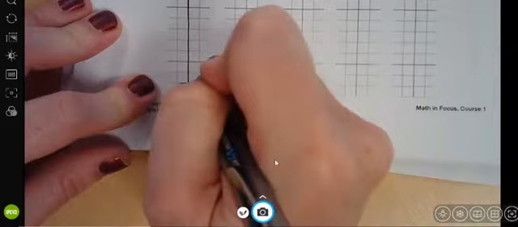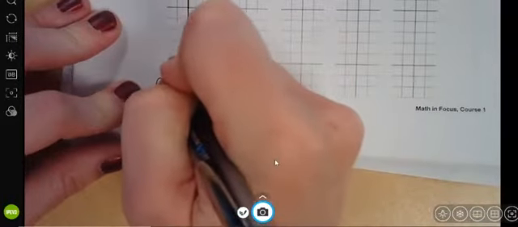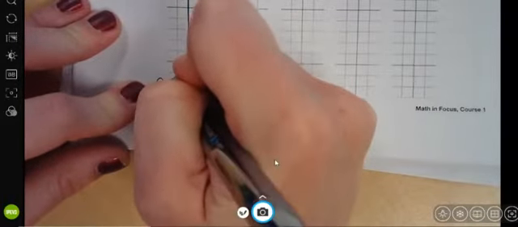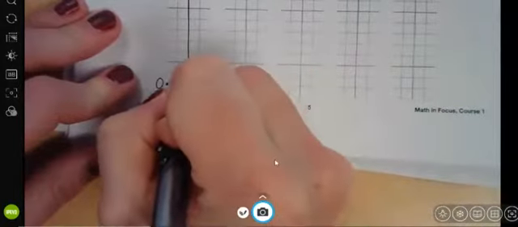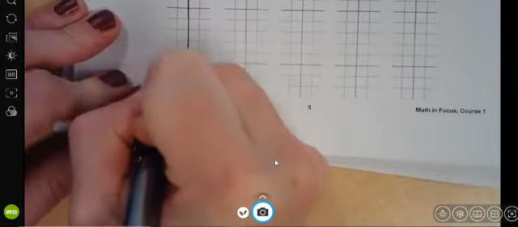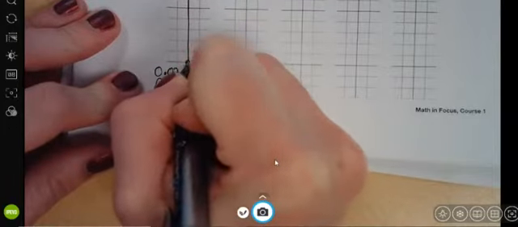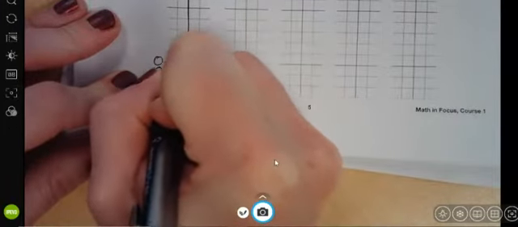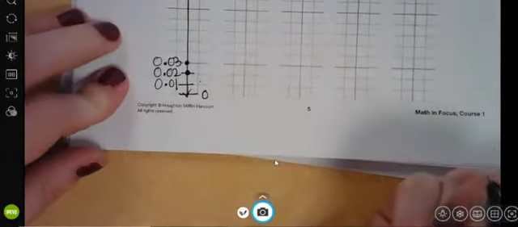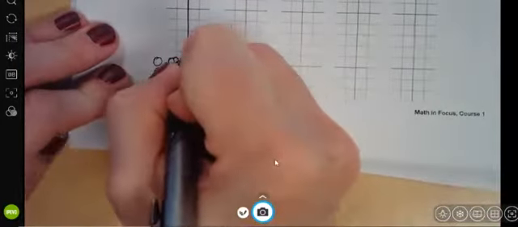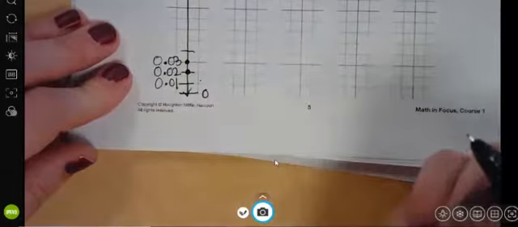So 0 is down here, and then 100th. And then the one we were missing was 200ths. And then 300ths. And remember, we were doing even spacing intervals, just like the horizontal number line.